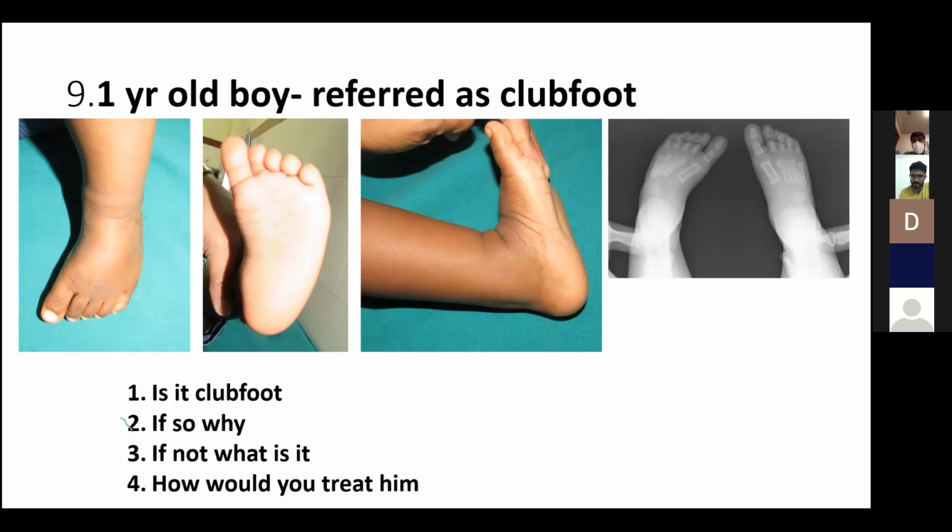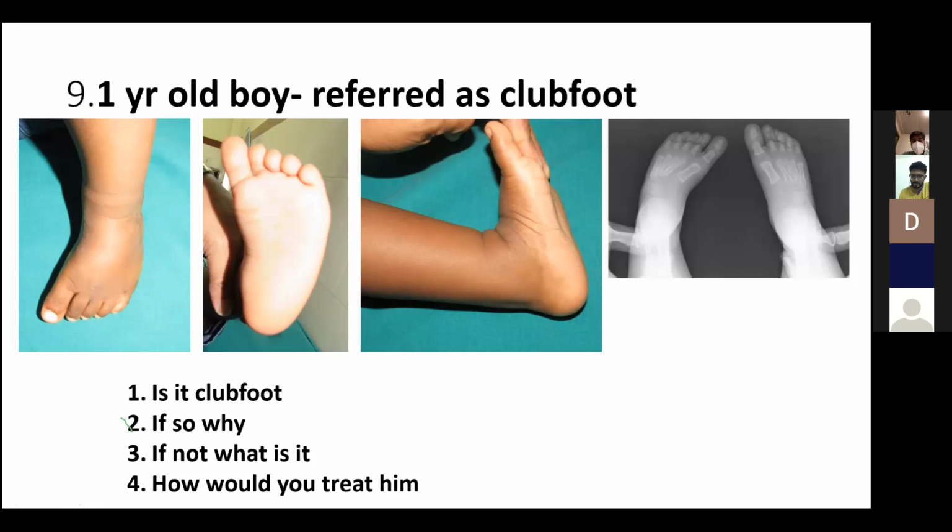John C, please unmute yourself and your video on also. Okay, let's try with Gautam.